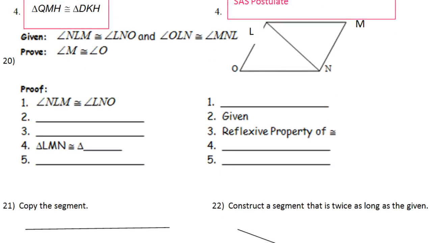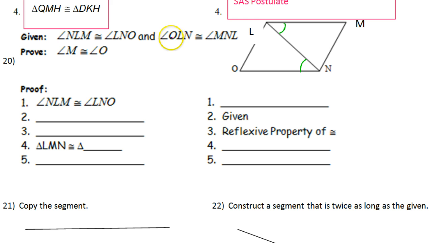Alright, let's take a look at the proof in problem number 20. Alright, given angle NLM, that's this angle right here, is congruent to angle LNO. LNO is right here. So those two angles are given congruent.